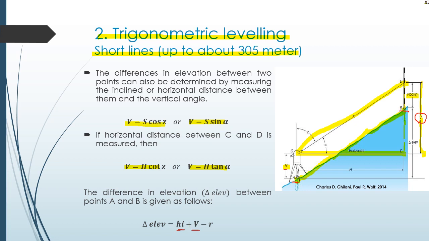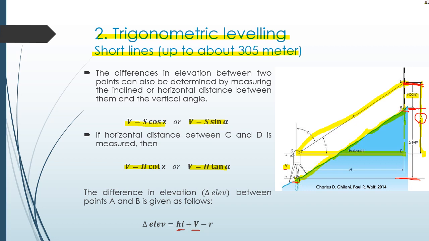So you add V. It means the vertical distance from A, this level, all the way to D. And now you minus the height of the rod, R. So from D you minus the rod reading R.